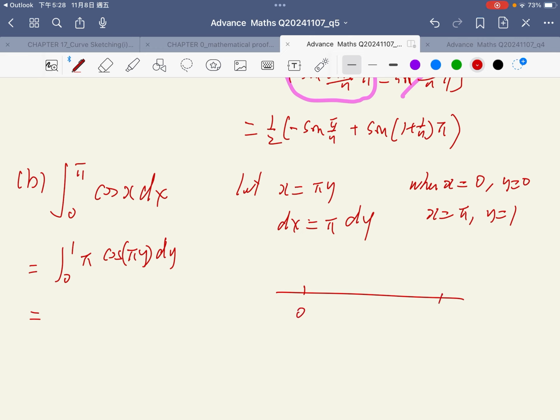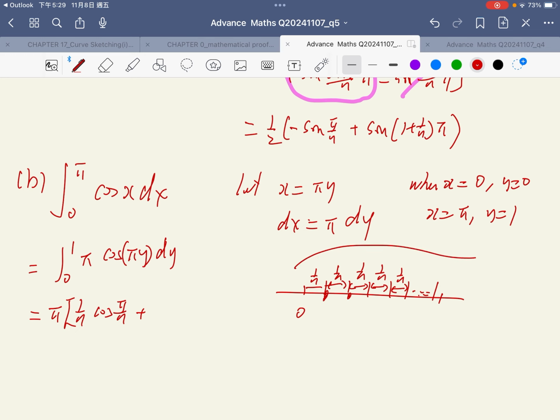And separate the interval from 0 to 1 evenly into n brackets, and each bracket has width 1 over n. For the first part, pi is factorized outside, 1 over n times the first one, which is cosine pi over n. For the second, 1 over n cosine 2 pi over n.